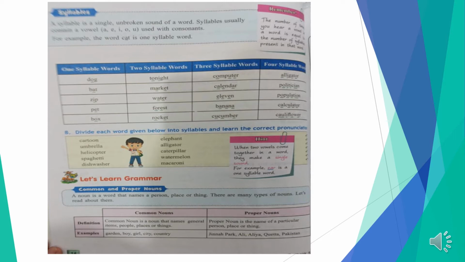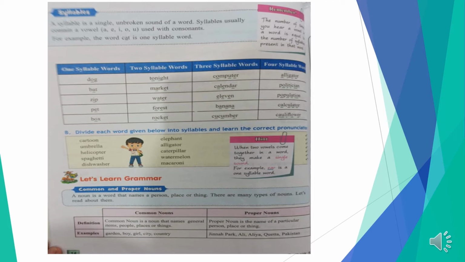Next word we are having is elephant. Elephant is having 3 syllables. Next word is alligator. The next word is caterpillar. It's pronounced as caterpillar.